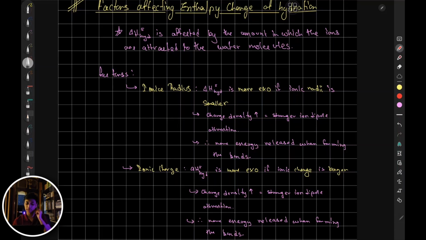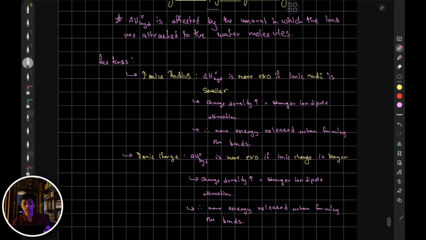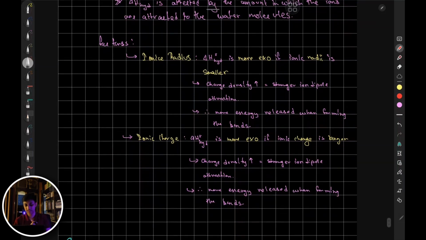Since it's an exothermic process, we are talking about forces of attraction. So we are trying to see in which case there is a greater amount of attraction and in which case there is a weaker amount of attraction. Therefore, what are the two common factors? A, the charge. B, the radius. Usually the first priority is the charge, the ionic charge. So let's look into that at the beginning.